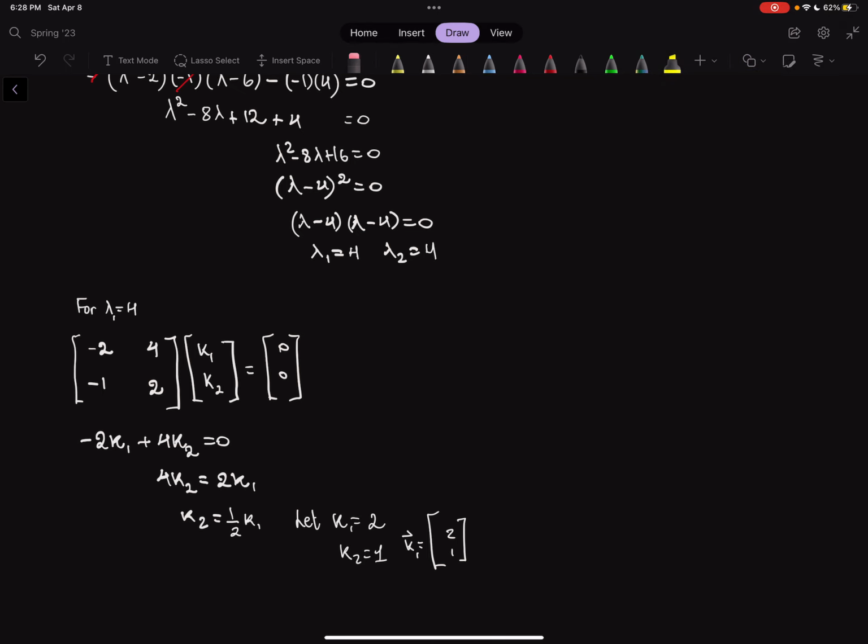Well, this is kind of the tricky part. For the second one, the first came from the guess of x equals k e to the lambda t. Another guess that we can make is k times t e to the lambda t plus p e to the lambda t, where the lambdas are the same. But the k and the p are two vectors that are not the same. And then notice that there's this t here.